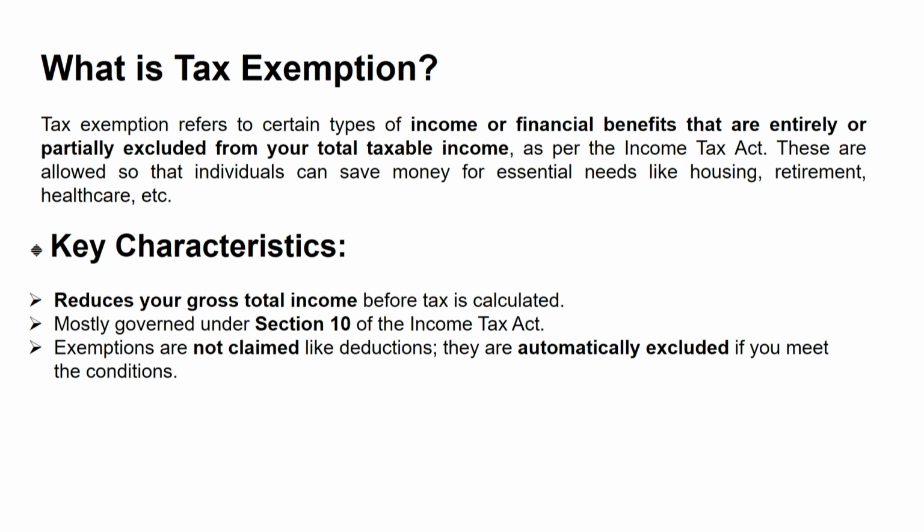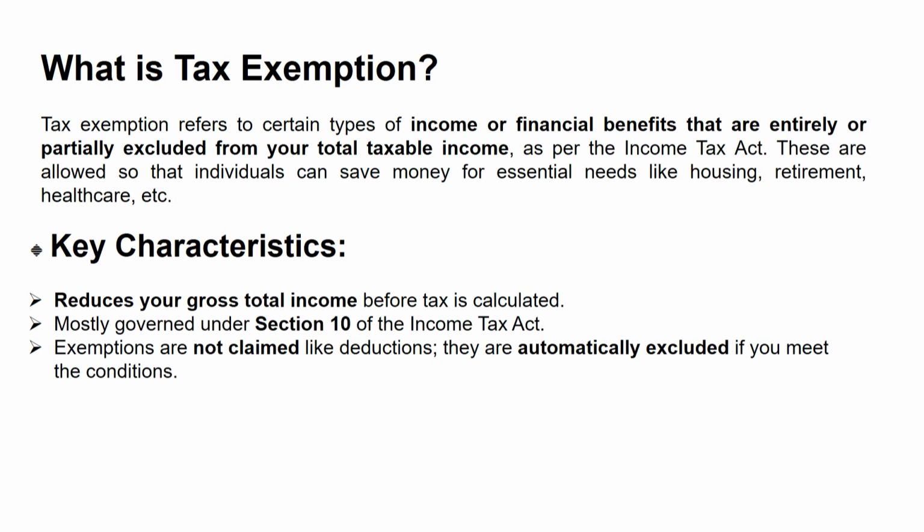Basically, tax exemption refers to certain types of income or financial benefits that are entirely, or sometimes partially, excluded at the time of computation of the total income of the assessee for calculating taxes.